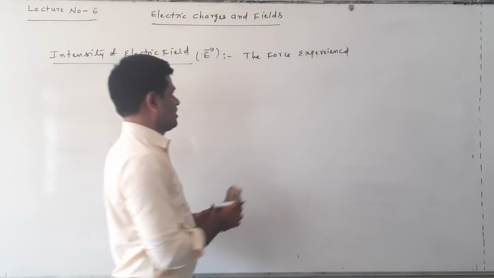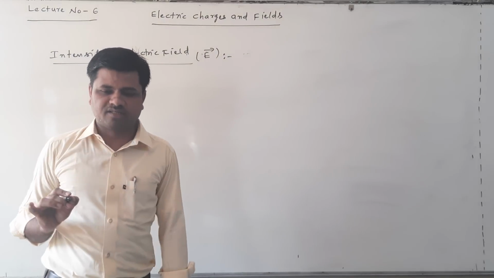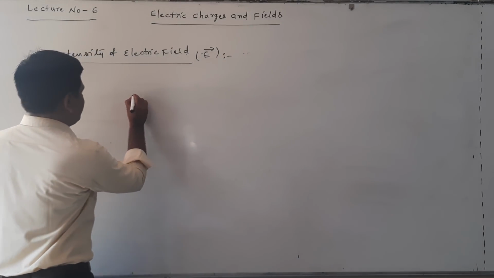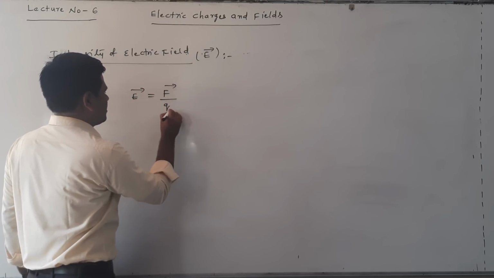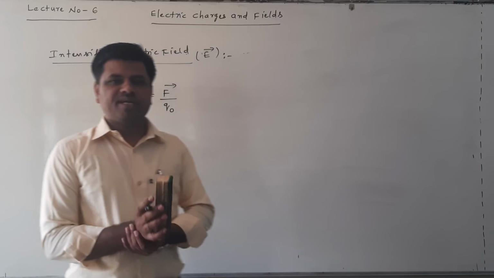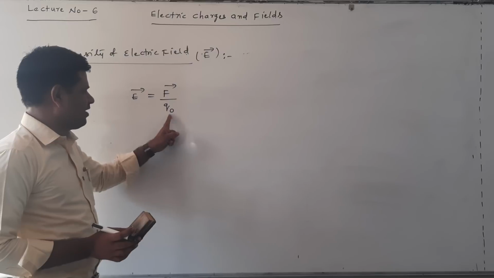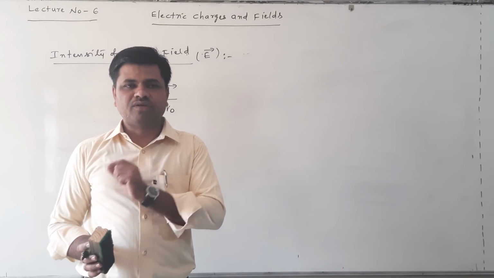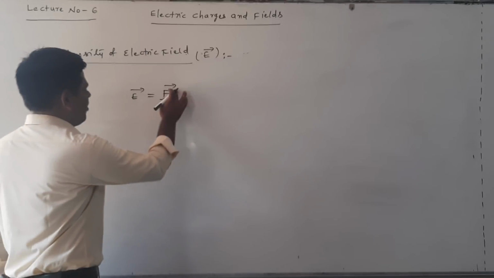Directly I am writing the formula: E bar is equal to F bar by Q naught.